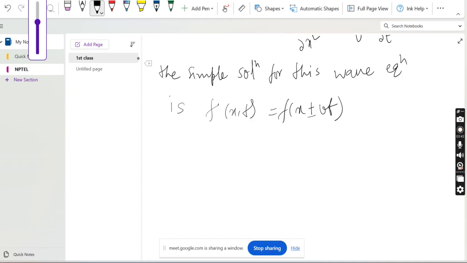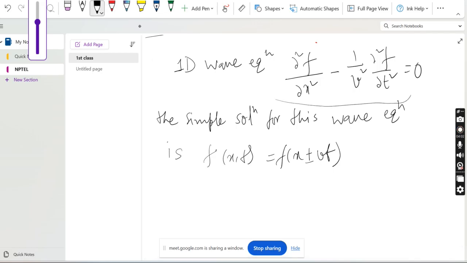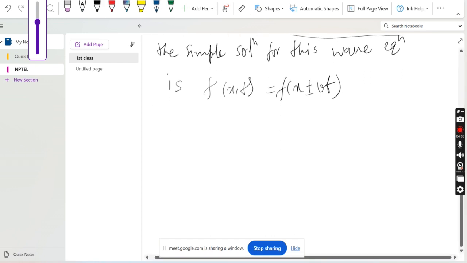So we know the positive sign denotes that the wave is traveling in the positive x direction, and the negative sign denotes the wave is traveling in the negative x direction. This wave equation can be written in terms of the electric field wave equation also.